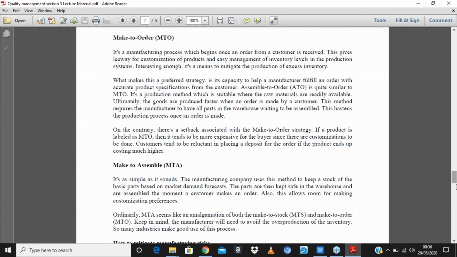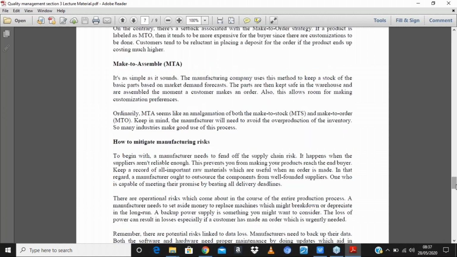The company uses this method to keep a stock of its basic parts based on market demand forecast.